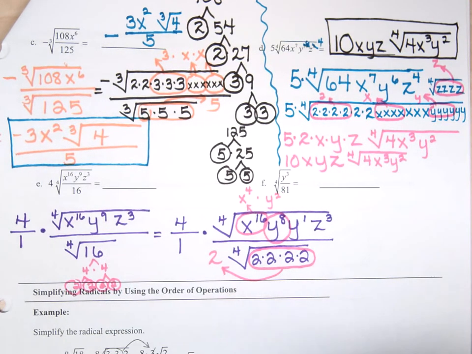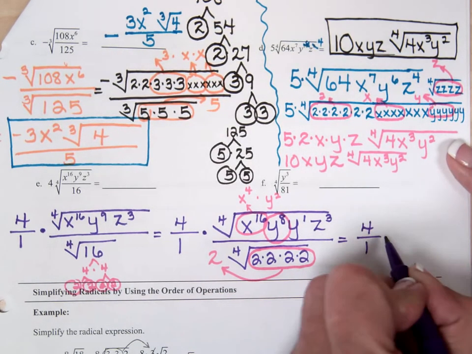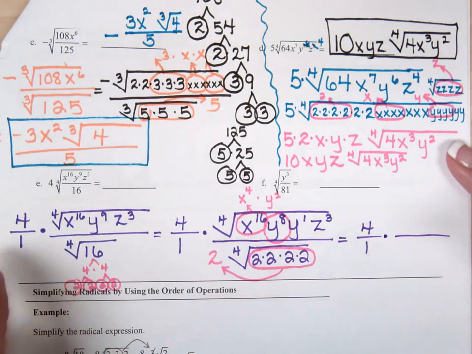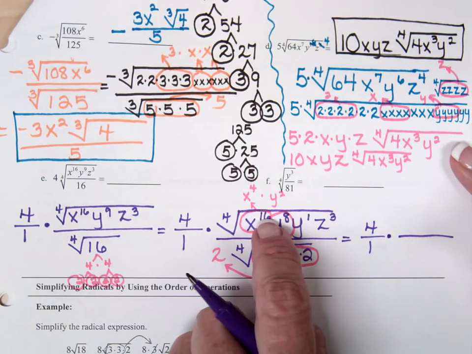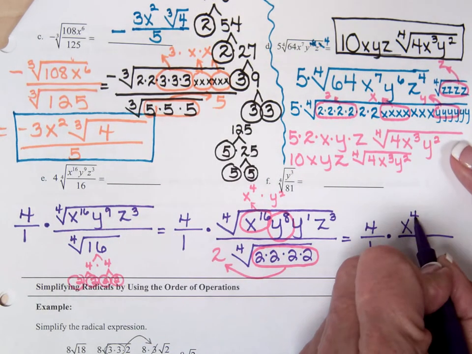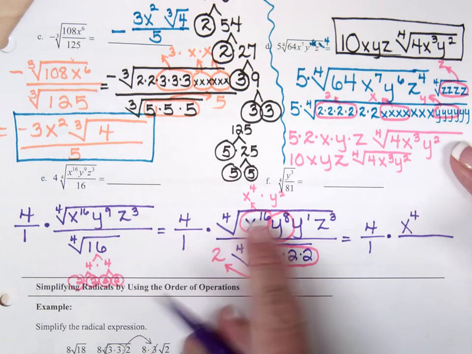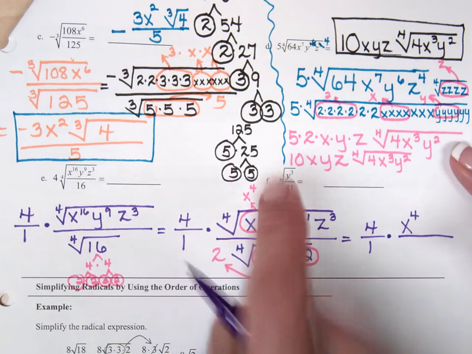So now let's look at this mess and see what we have. So there's the 4 from up front. 16 divided by 4 we said was x to the 4th outside the radical. Once you do that division, they're outside. 8 divided by 4, y to the 2nd.